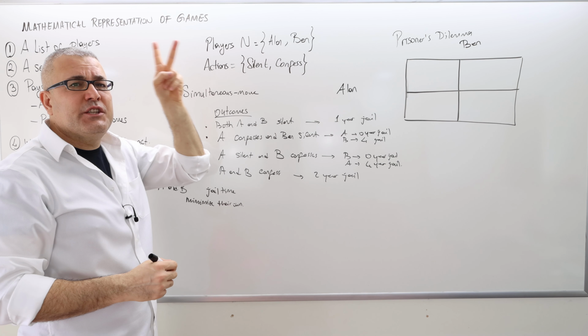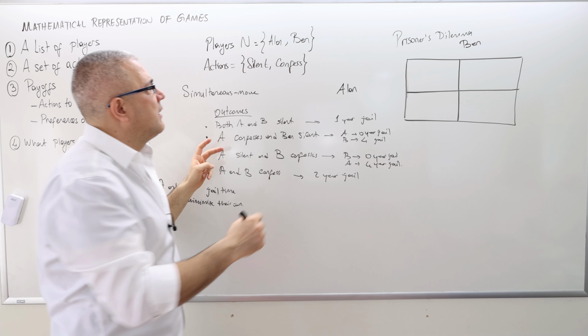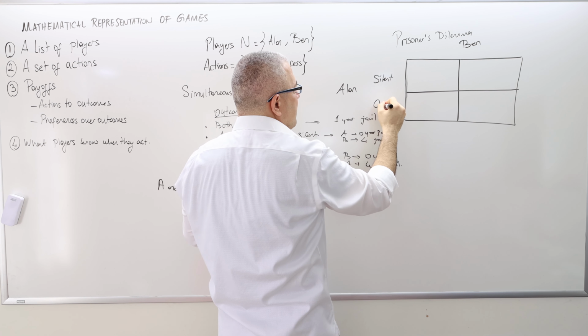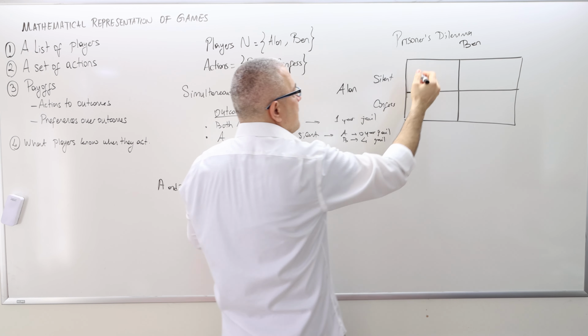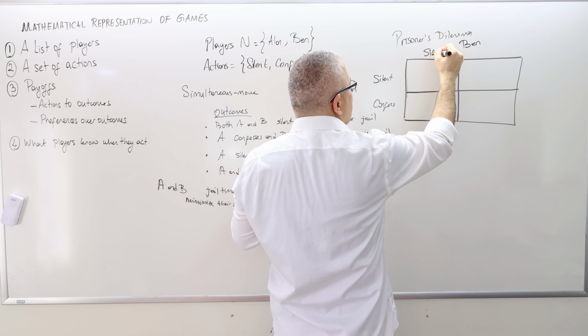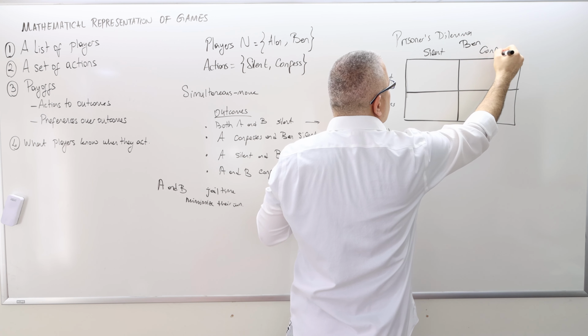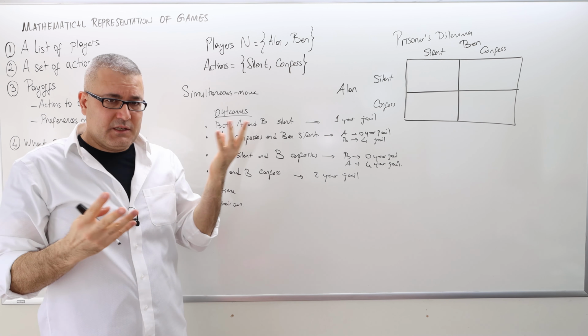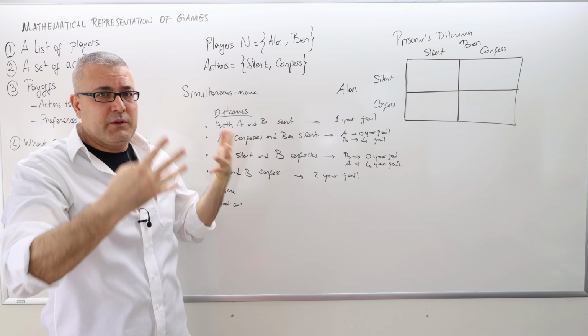And each player has two actions. So therefore, Alan can remain silent or confess. And similarly, Ben can remain silent or confess. All right? So because each has two available actions, it's therefore a 2x2 game.